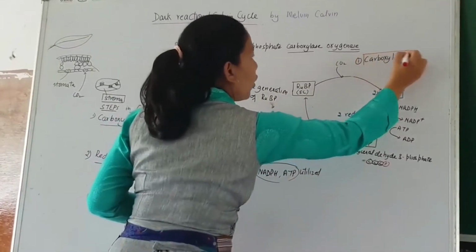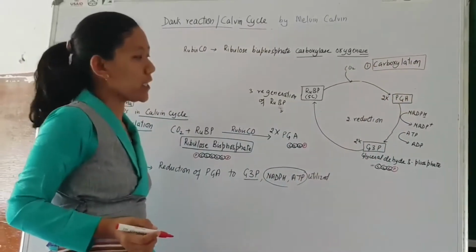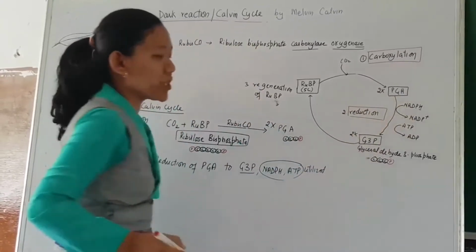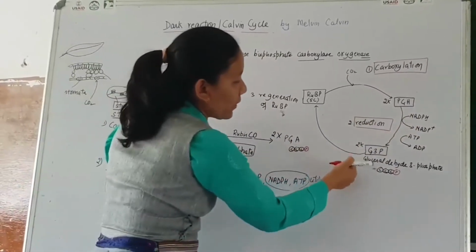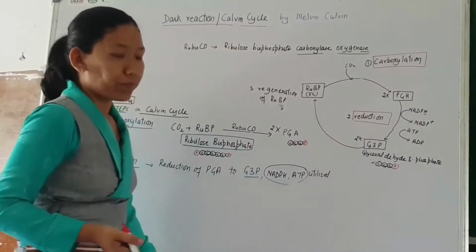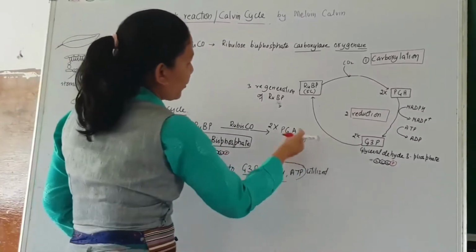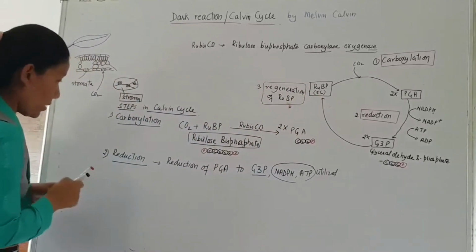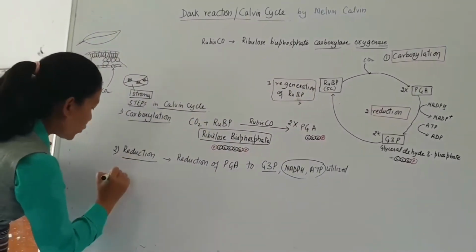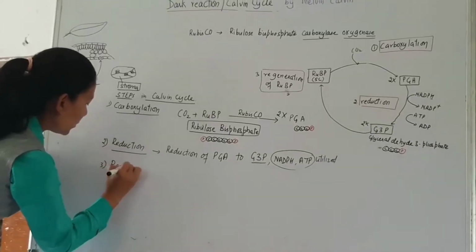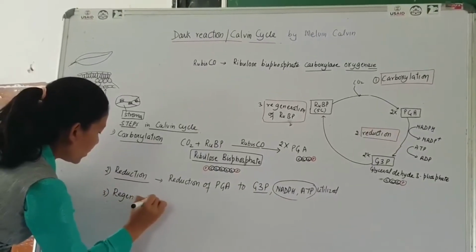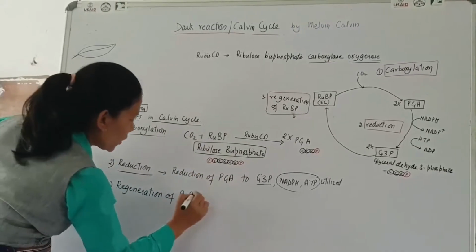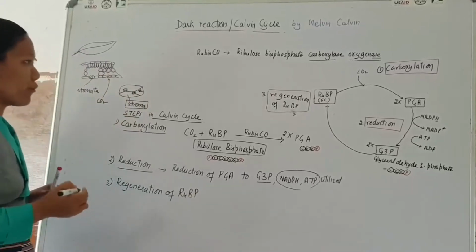First step is carboxylation, or carbon dioxide fixation. Second is reduction, that is reduction of PGA to G3P. G3P is again a type of sugar having 3 carbons. Then the third step is regeneration of the acceptor of carbon dioxide, so regeneration of RuBP.